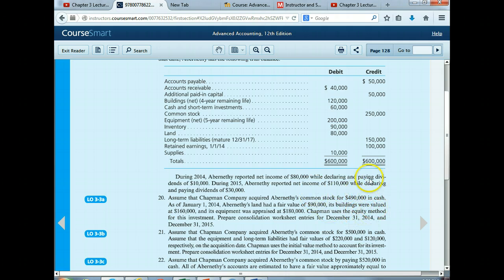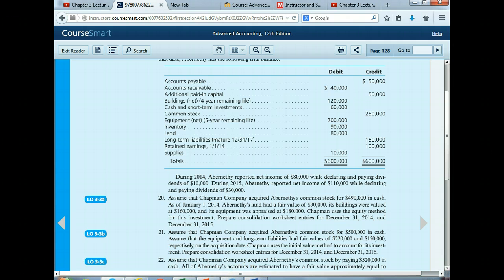We need to know we purchased it for $490,000, and we have in here some excess land value, excess building, and our equipment is undervalued, because we need to come up with an allocation, that amortization.